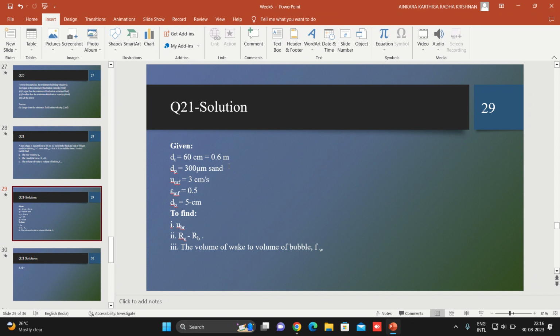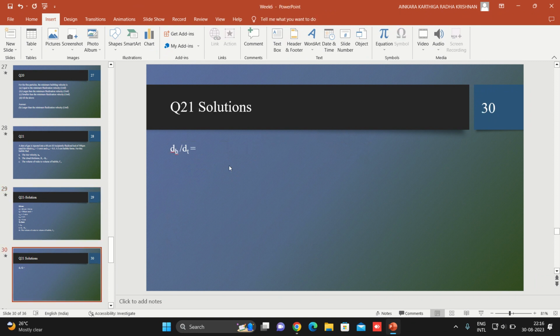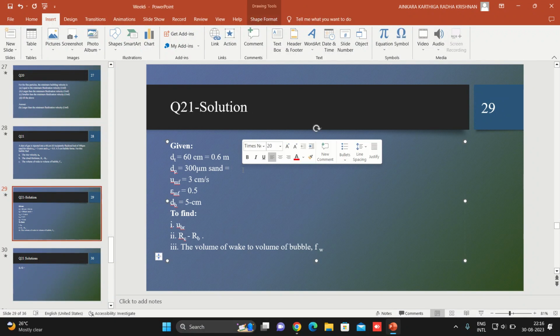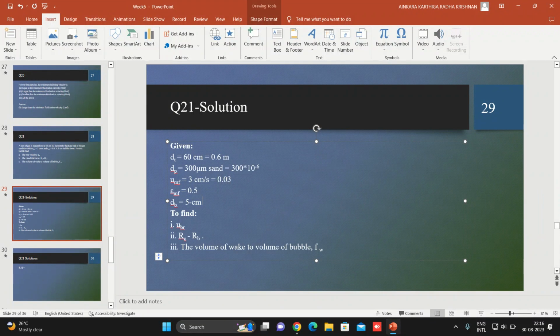Here we are given everything in meters, so the particle diameter is 300 into 10 to the power minus 6.